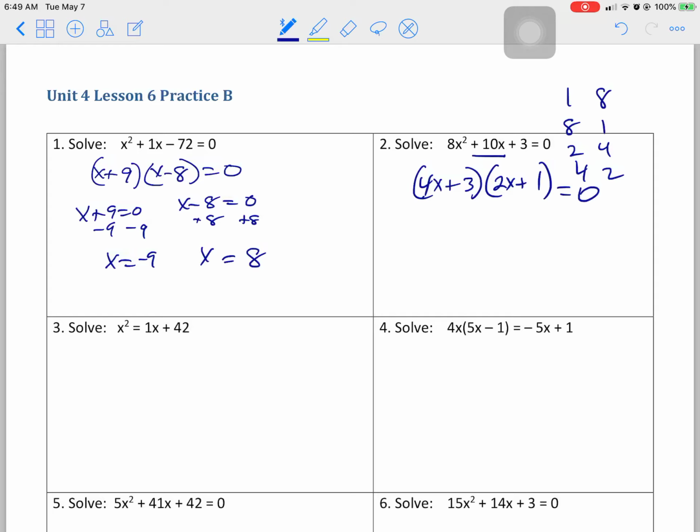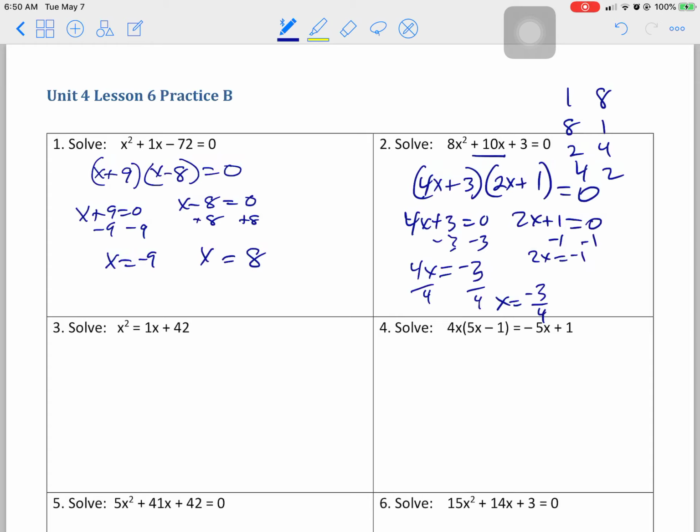Okay, I can also do the AC method if I wanted to. Set my factors to 0 and solve for x.